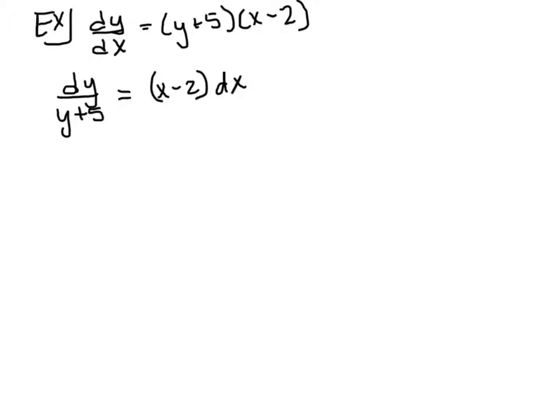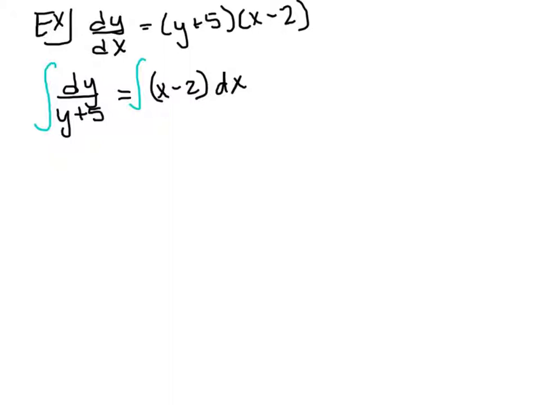All right, so to do this, we start by dividing both sides by y plus 5 and multiplying both sides by dx. Then we're going to integrate both sides. The left side will be integrated with respect to y, and the right side will be integrated with respect to x. So then on the left side, we're going to need to do some u substitution.